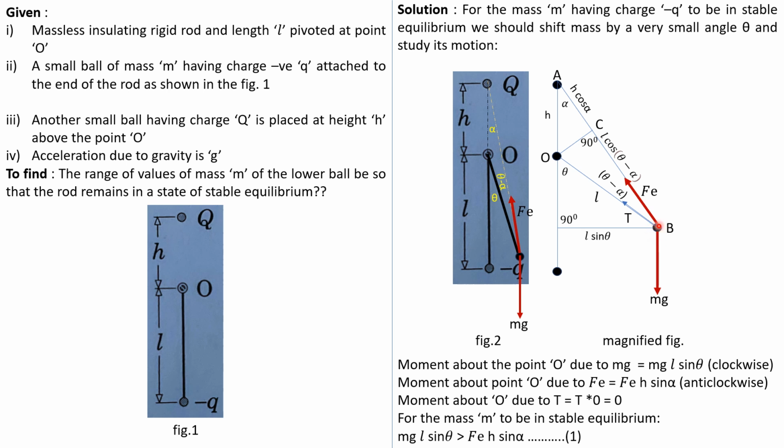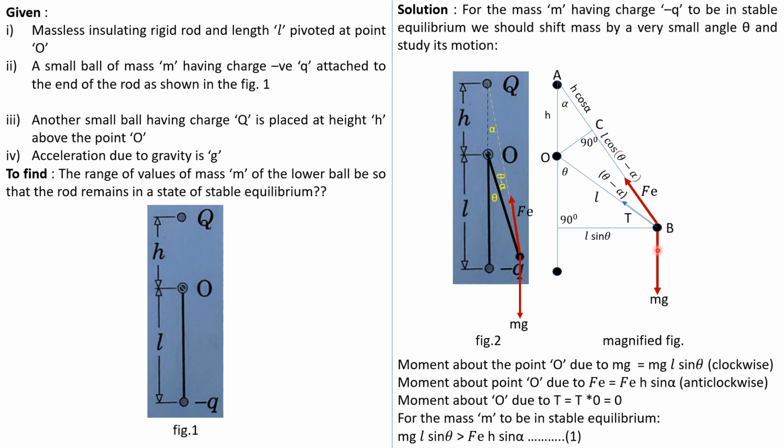If this ball was at stable equilibrium here, then when this ball has been shifted here and released, it should come back here. For that to happen, we will study the moment of this ball with respect to point O.